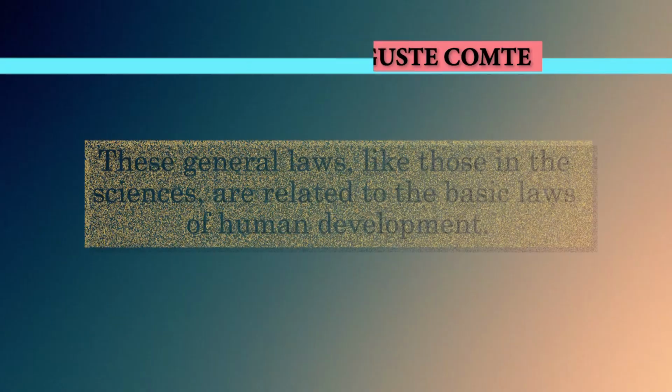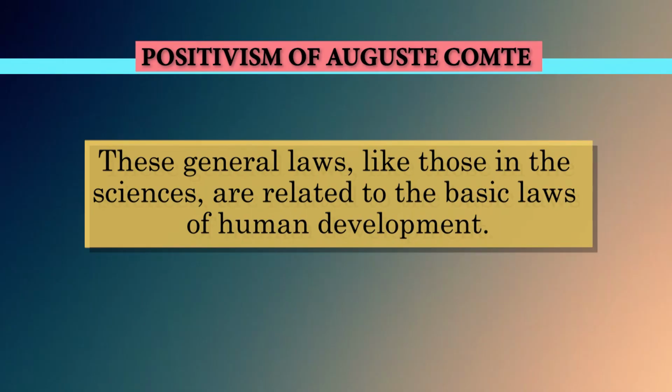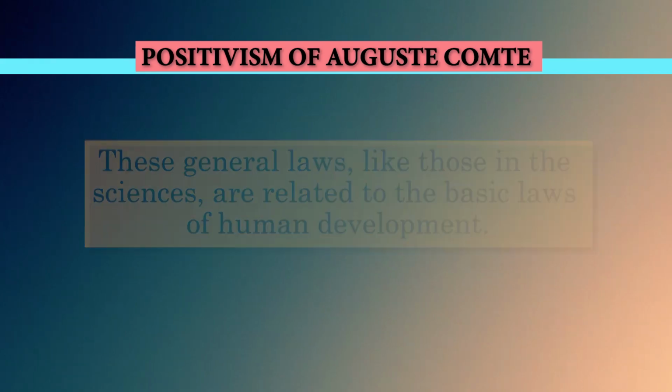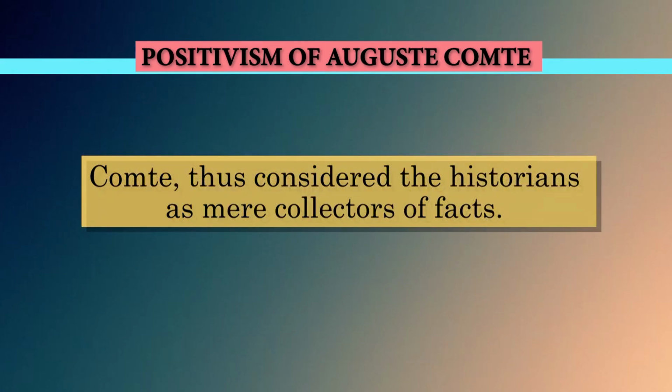Only then could the general laws connected to a certain historical occurrence, or any occurrence connected to social science, be formed or framed. These general laws, like those in sciences, are related to the basic laws of human development. Comte thus considered the historians as mere collectors of fact.